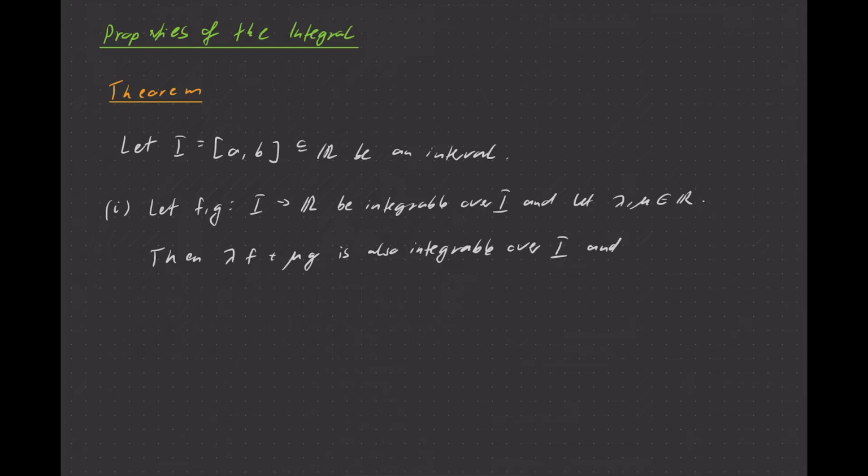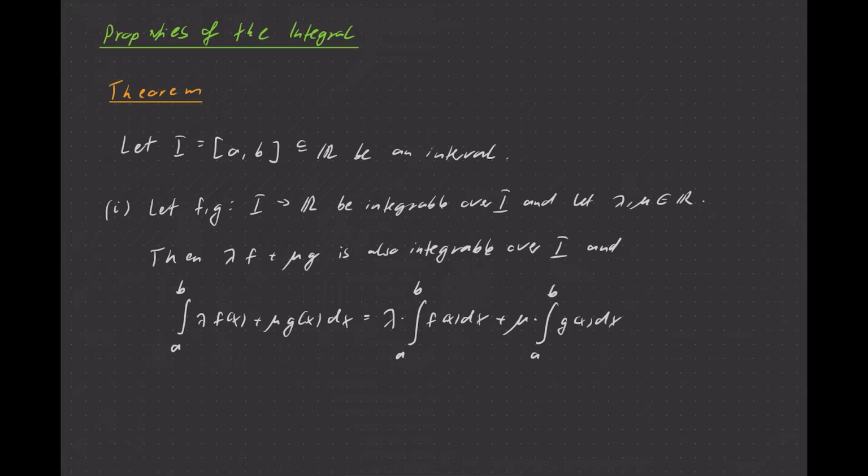And we can express the integral over this interval or any subset of that interval. So the integral of lambda f of x plus mu g of x dx is the same as lambda times the integral of f of x dx from a to b plus mu times the integral of g of x dx from a to b.